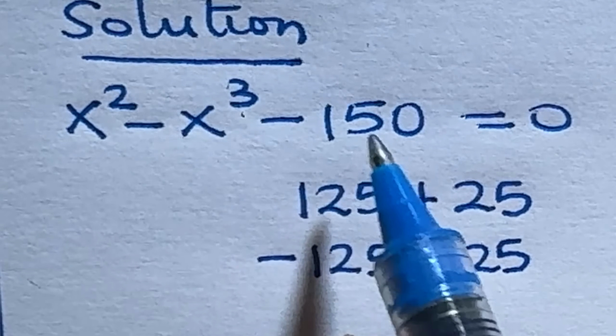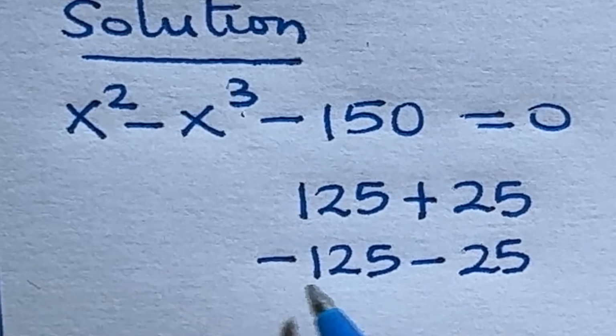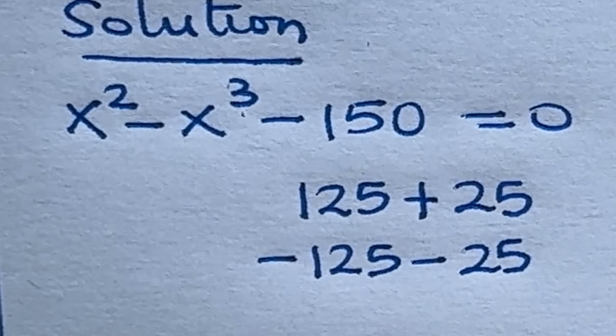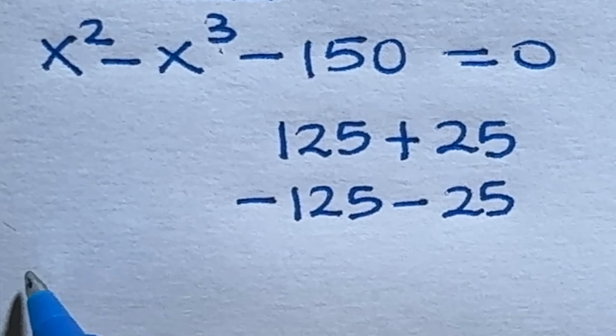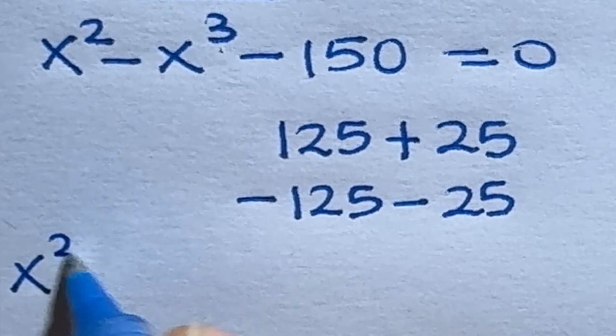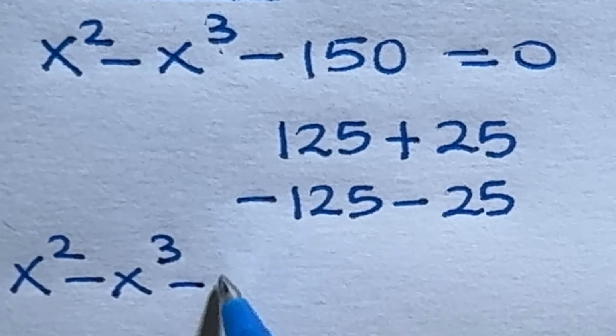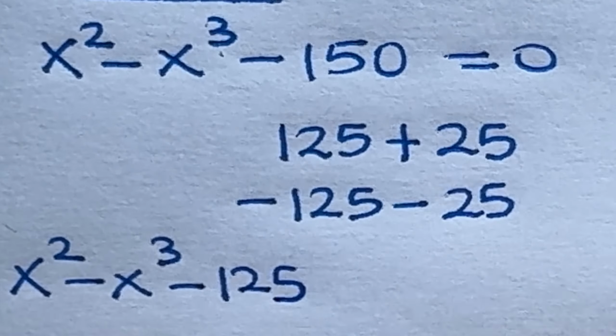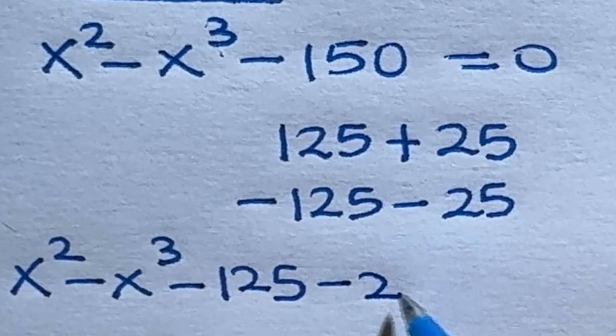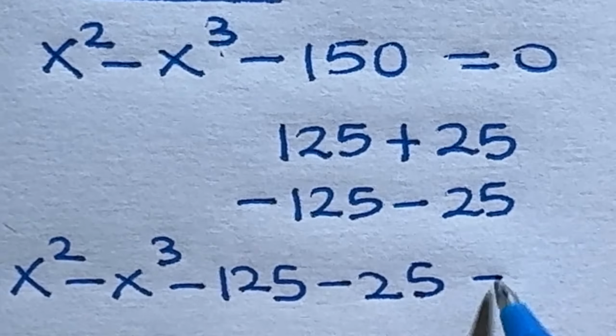I'll replace negative 150 here with negative 125 minus 25. x squared minus x raised to power 3 minus 125 minus 25 is equal to 0.